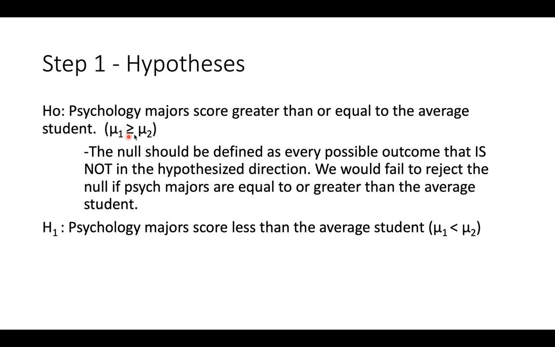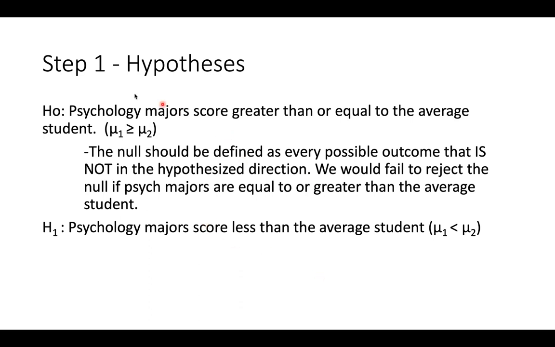Keep in mind, just as we did before, that the null and the research hypothesis should be mutually exclusive, meaning that 1, they encompass all possibilities of reality, and 2, only one of them can possibly be true at the same time. Psychology majors are either less than the average student, or they are greater than or equal to. There is no other possibility. One of these must be the case.